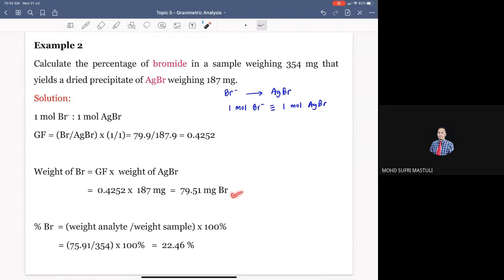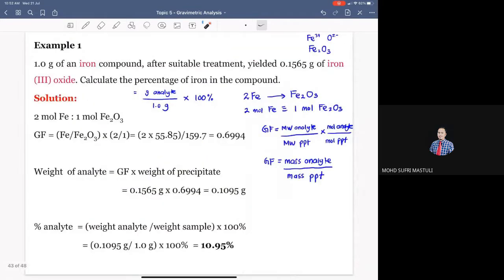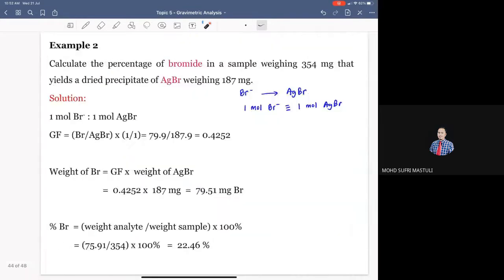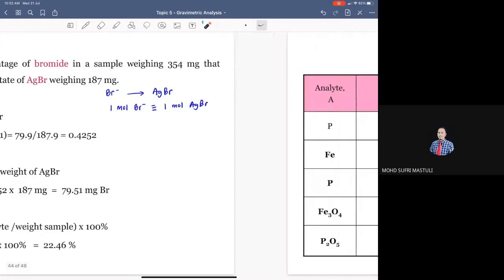And then you can obtain the percentage of Br: the mass of analyte over mass of sample times 100. It is basically similar to the previous question. All right.